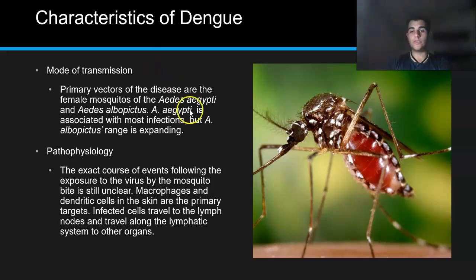What's also interesting to note is that the Aedes aegypti mosquito is not only carrying dengue. This mosquito is also known to carry the Zika virus and the chikungunya virus.